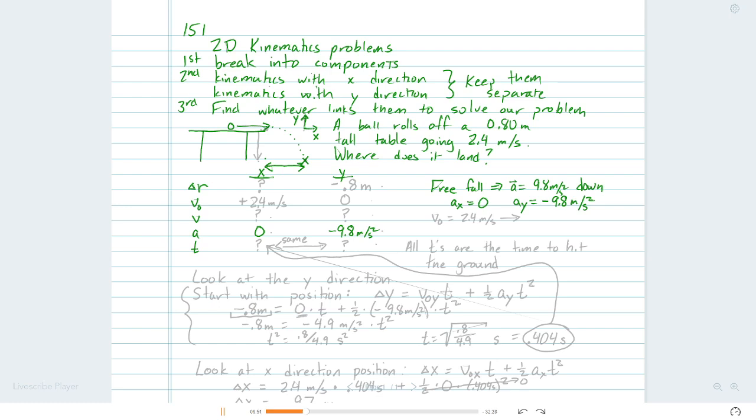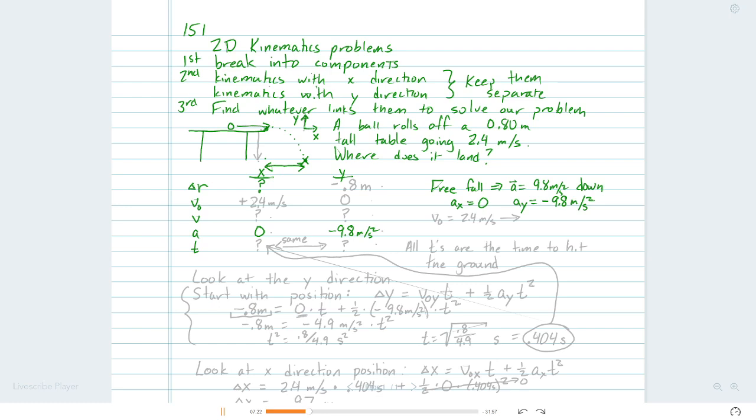Then I need to look at what else I know. So, the ball rolls off a 0.8 meter tall table. So, I know its position is going to change from here to here. I don't know how far it's going across, so I'm going to put in a question mark for how far it goes across.